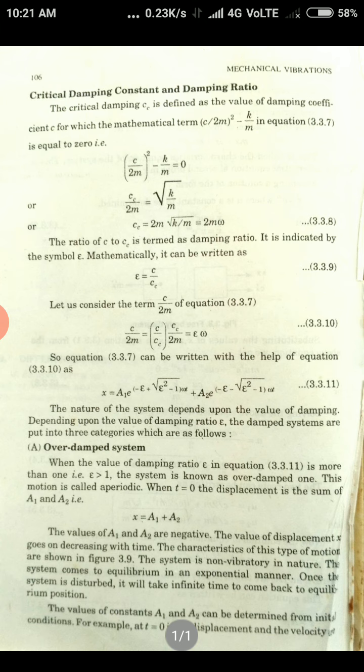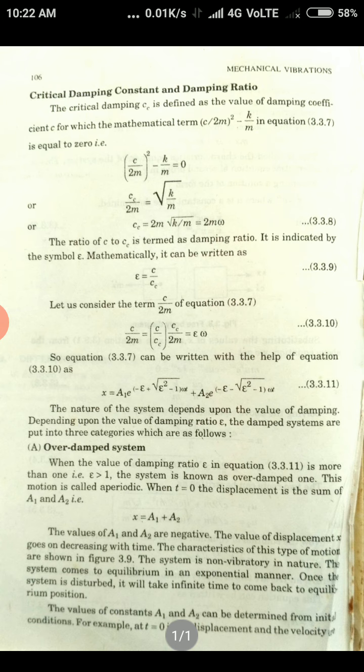It is denoted by the mathematical symbol epsilon, just like the strain symbol used in mechanics of materials, where stress is sigma and strain is epsilon. So mathematically you can write epsilon equals C/Cc. That is equation 3.3.9.